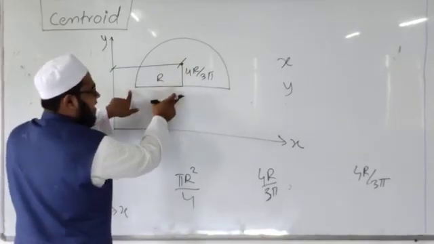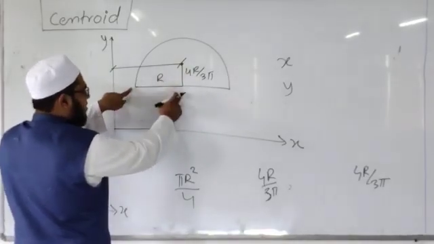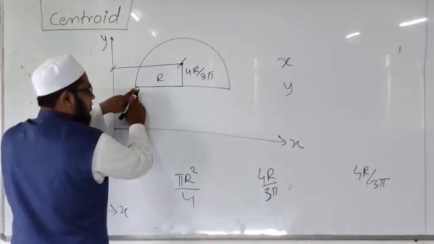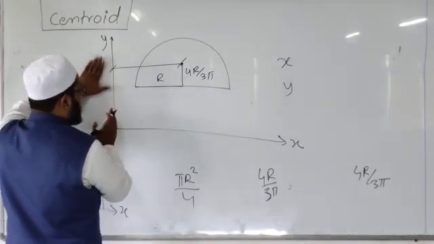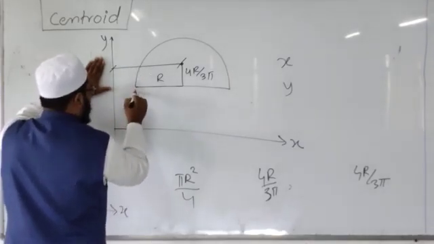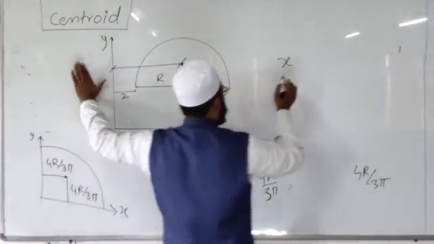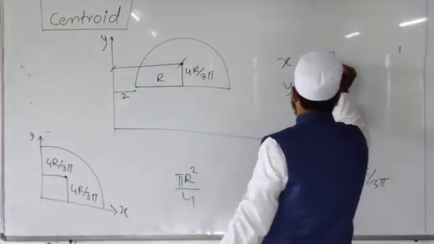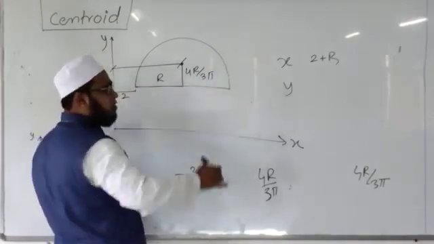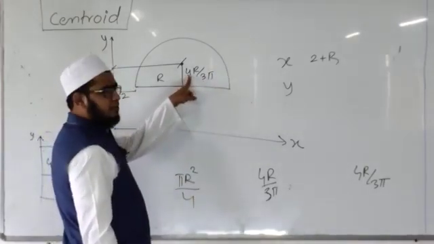I will not write only r, because r is the position if the axis is lying at this point, but the axis position is shifted. That's why we have to consider this length also. If it is 2, then the x coordinate will be 2 plus r. And similarly, for the y coordinate we will not directly write 4r by 3 pi.